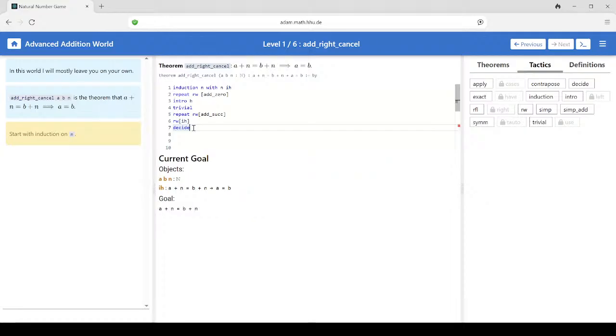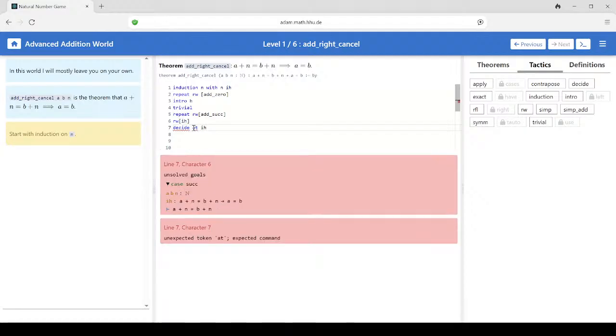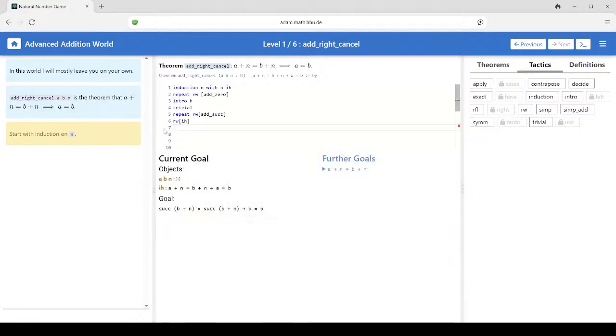And I still can't finish. Oh, that's not a thing.